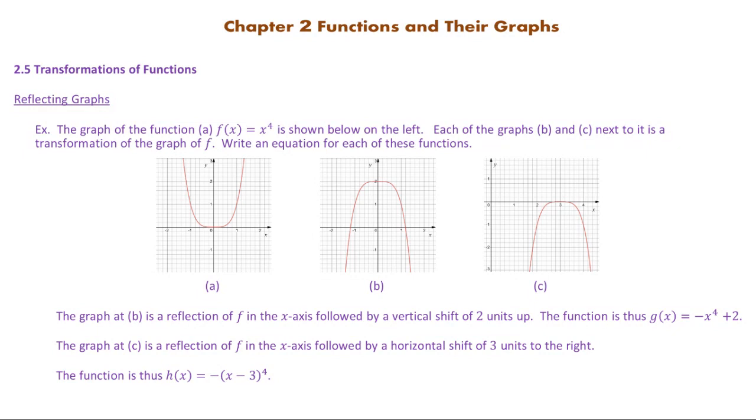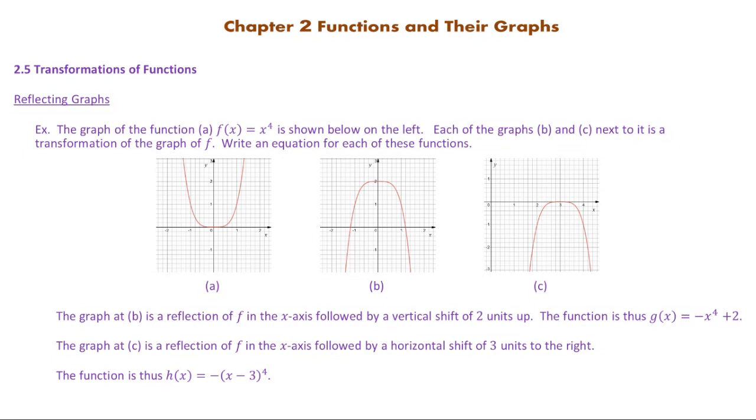How about the other one on the right? So this time you reflect the curve to the lower plane. So that's reflect the curve across the x-axis again, and then you shift the curve 3 units to the right.